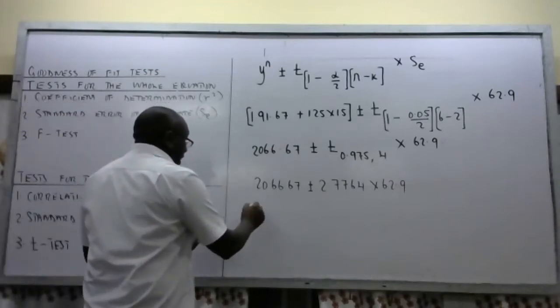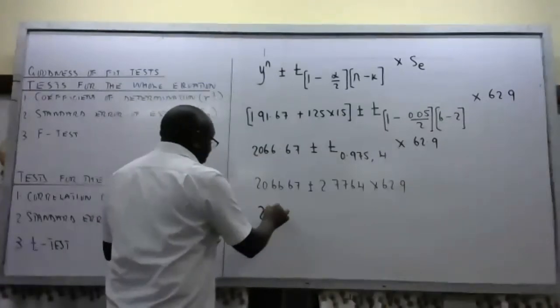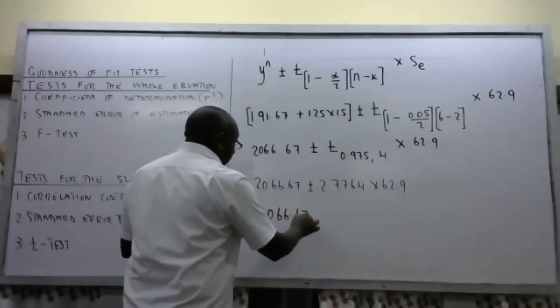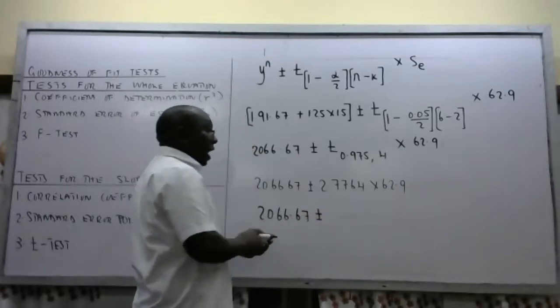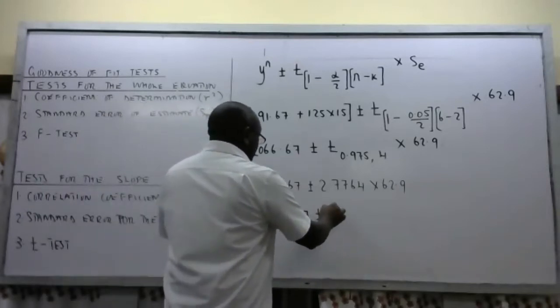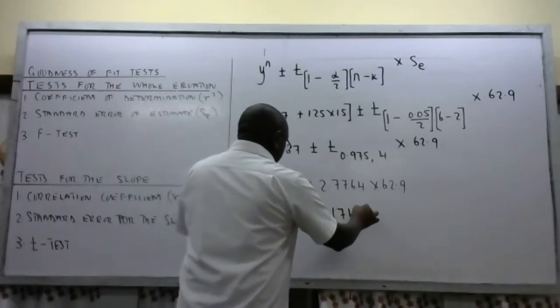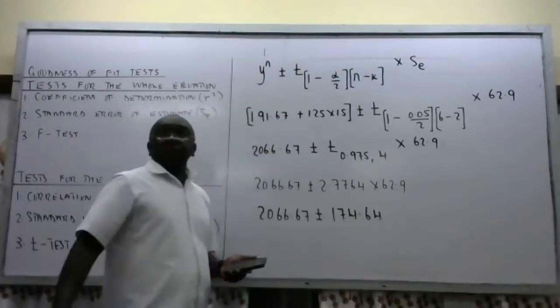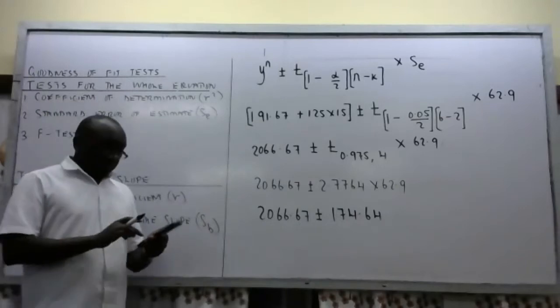So this one becomes 2066.67 plus or minus, if you use 2 decimals, this one is 174.64. You're using 2 decimals.